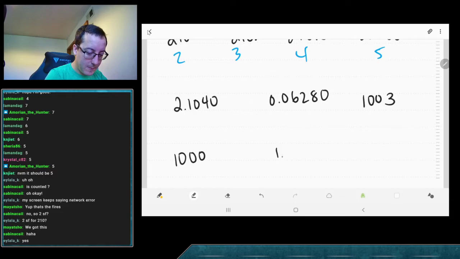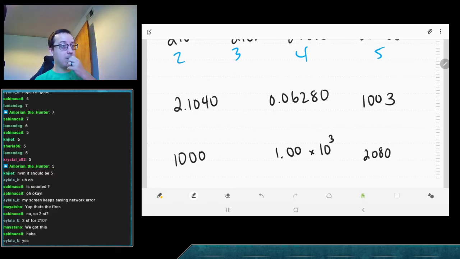Alrighty, so here's a bunch of random numbers that I've come up with. Presuming these are measurements, of course. We'll pretend.